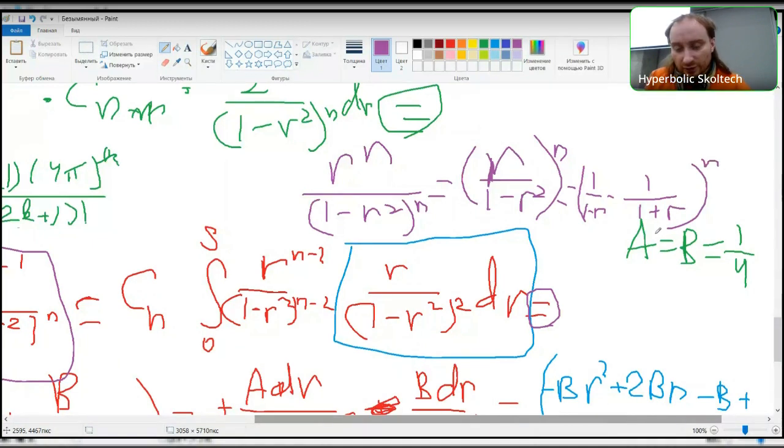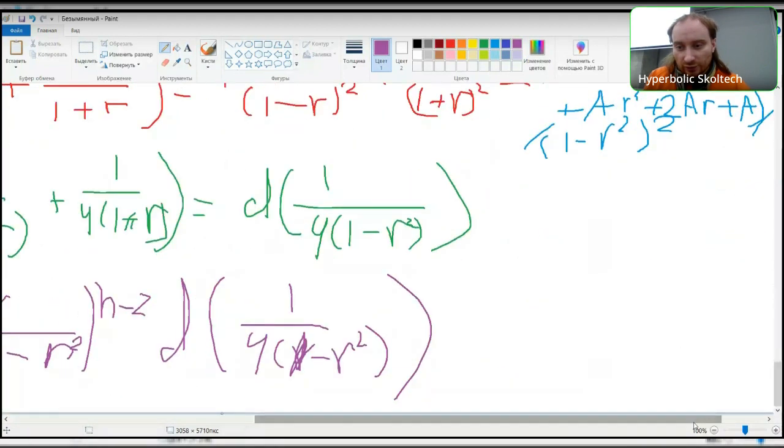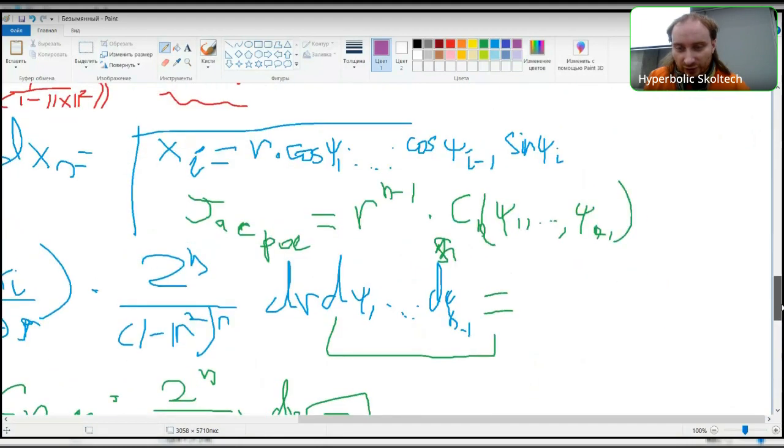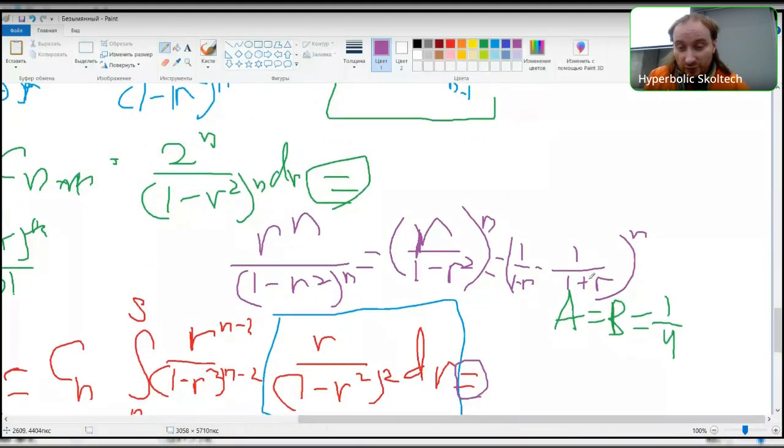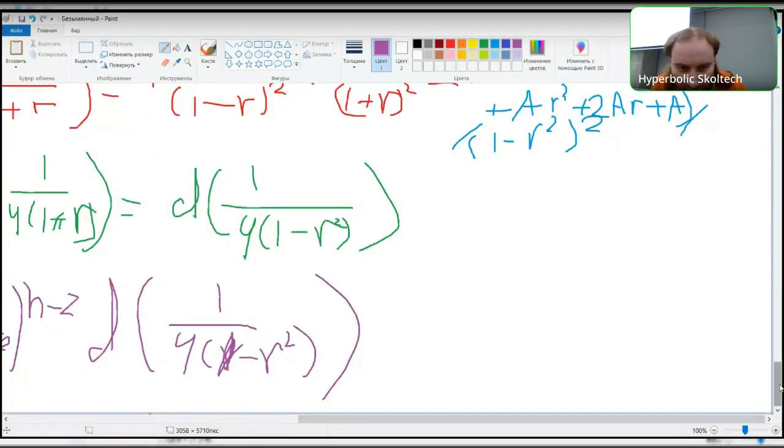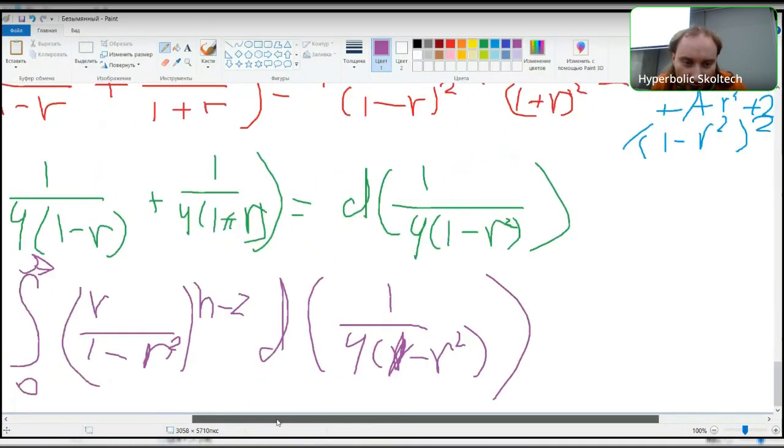So this is some rational function, and the standard theorem is that the integral will be a rational function plus a rational function multiplied by logarithms. I thought yesterday that there should be r here, not just one.